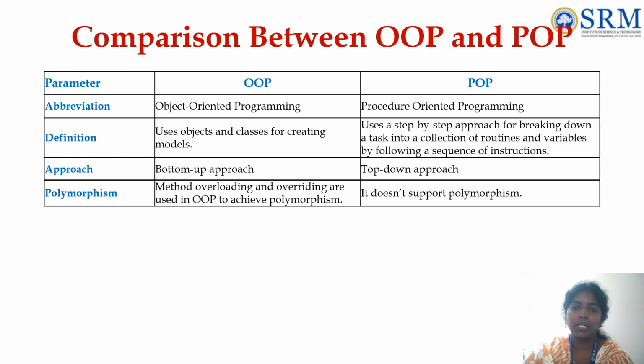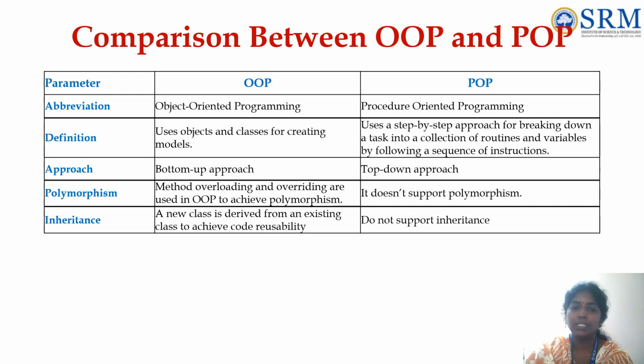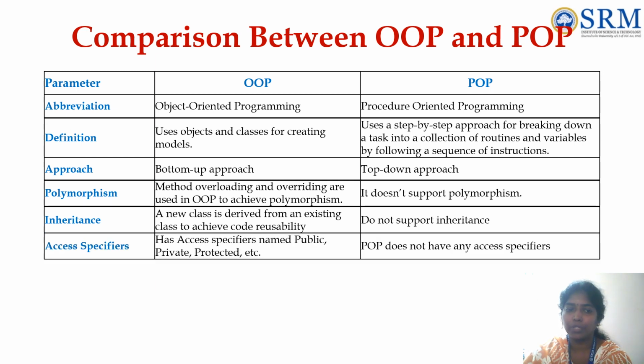Method overloading and overriding are used in object-oriented programming to achieve polymorphism. It is not supported by procedure-oriented programming. A new class is derived from an existing class to achieve code reusability using the concept called inheritance in object-oriented programming, whereas inheritance is not supported in procedure-oriented programming.